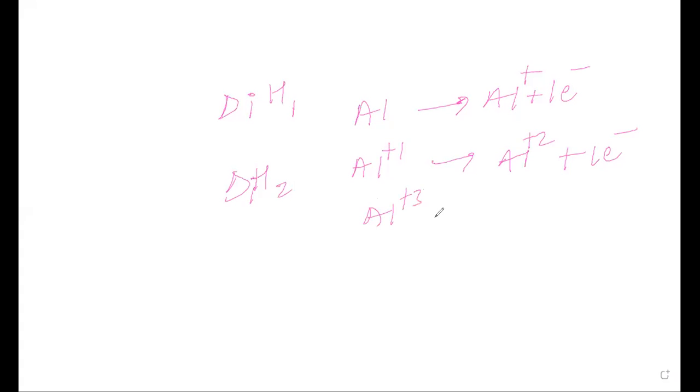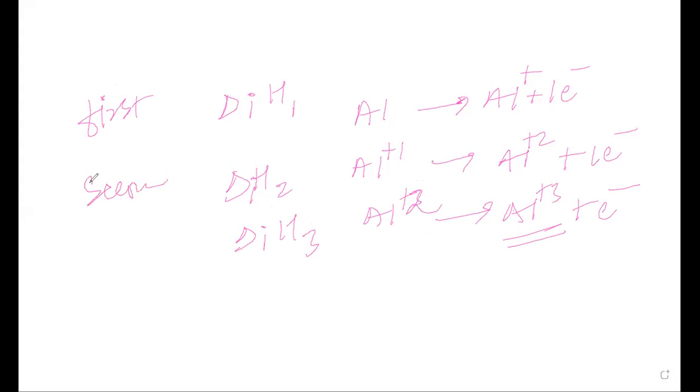Then again, when aluminium +2 is there, it loses 1 electron and causes the aluminium +3 ion, and at that time the enthalpy change is known as the third ionization enthalpy. So when aluminium forms aluminium +3, we have first, second, and third ionization enthalpy.